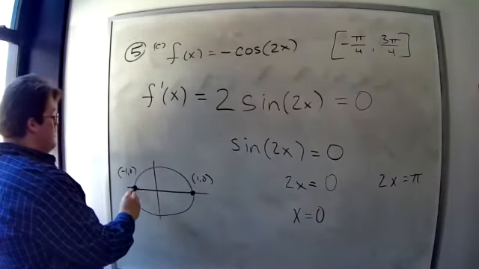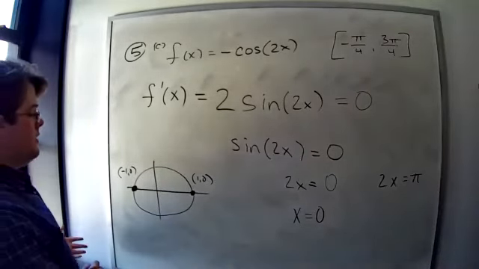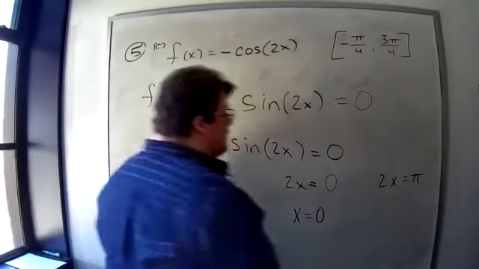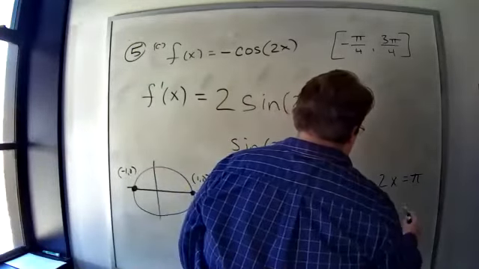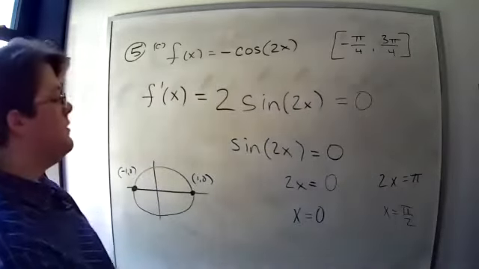Angle pi. If the inside equals pi, then sine of that will be 0. So set the inside equal to pi, and we get pi over 2, which is also within that interval.